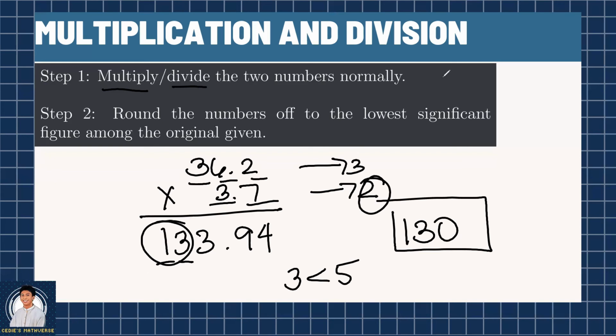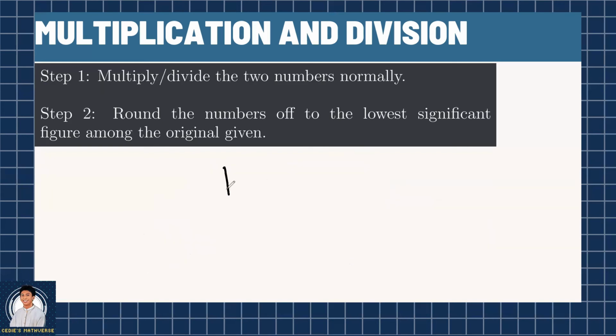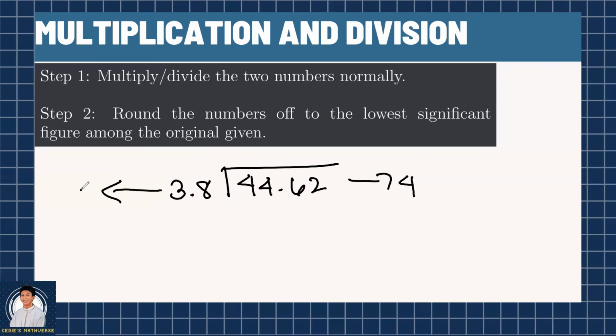How about division? 44.62 divided by 3.8. Okay, this has 4 significant figures and this has 2 significant figures. And dividing this gives us 11.7421 and so on.